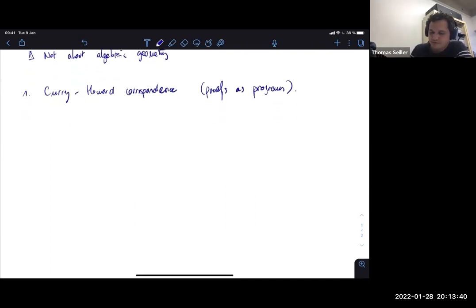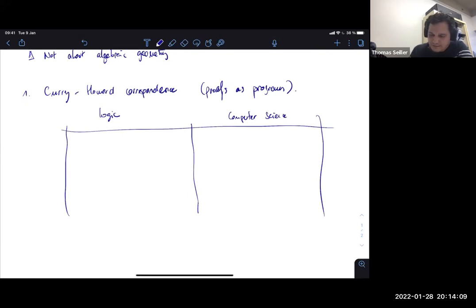So this correspondence is a correspondence between logic and computer programs. I won't specify exactly in which setting, but the point is that there are several layers to this, and the basic layer is that you have logic on one side, let's say computer science on the other.